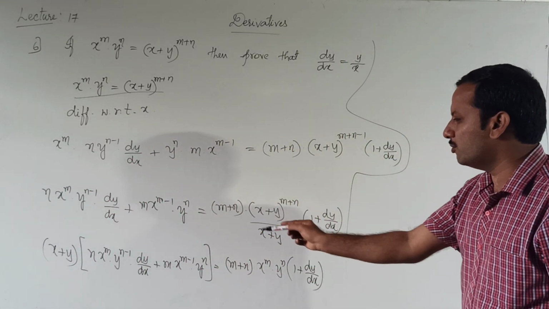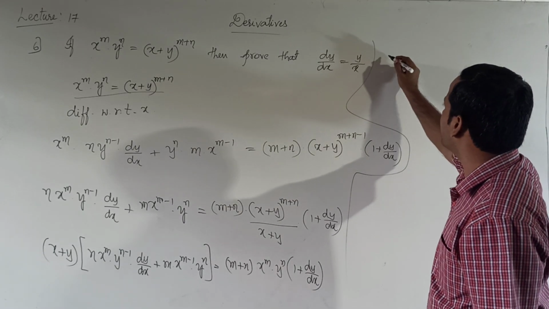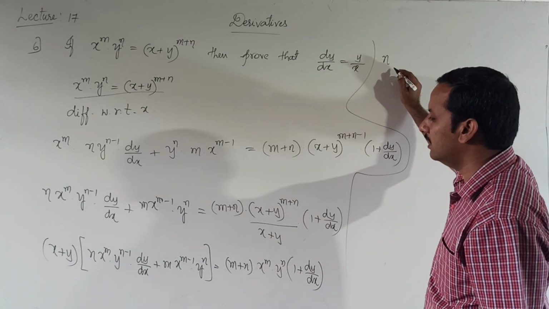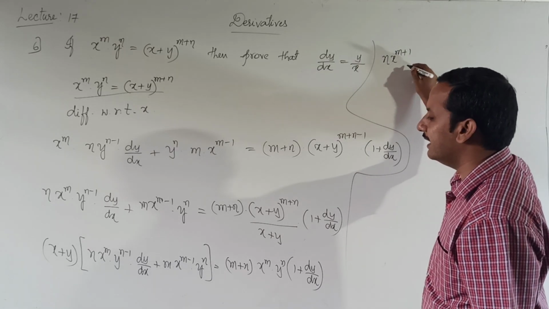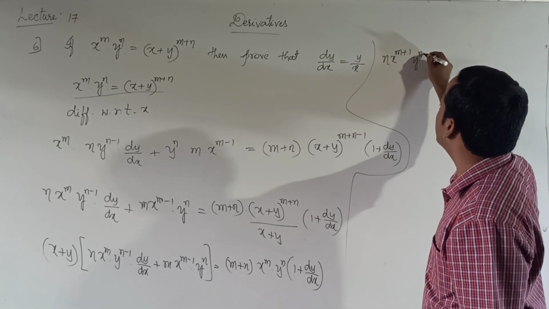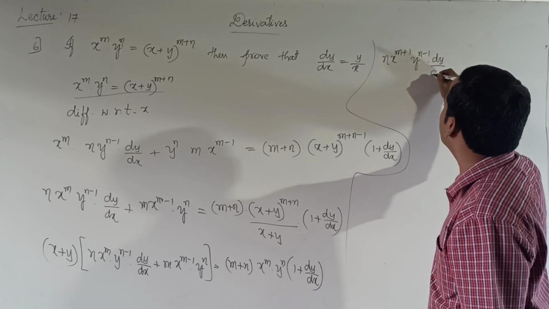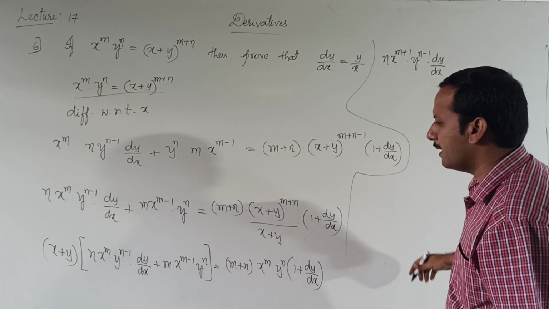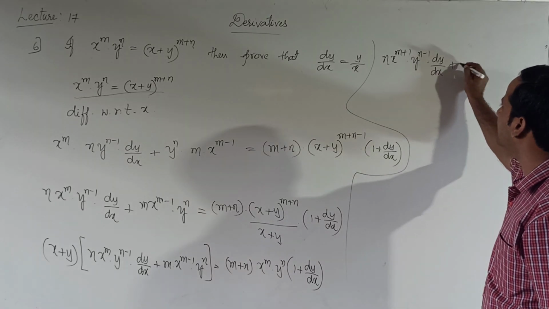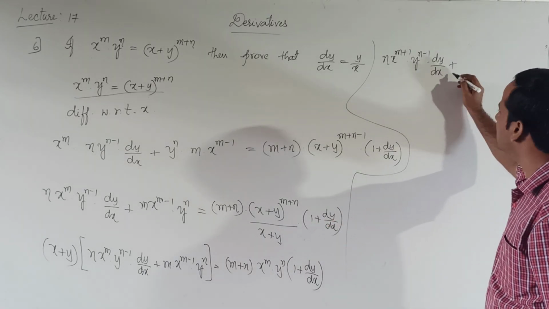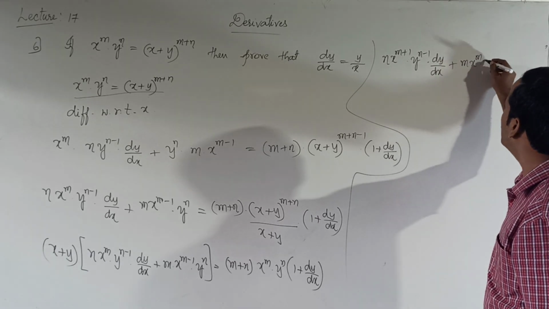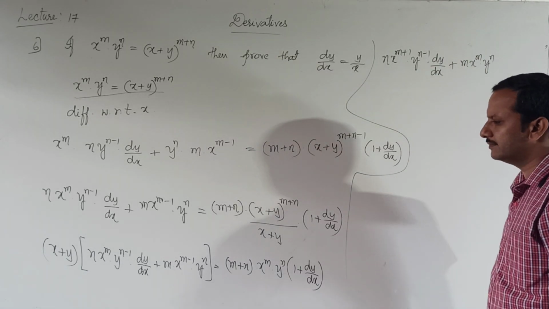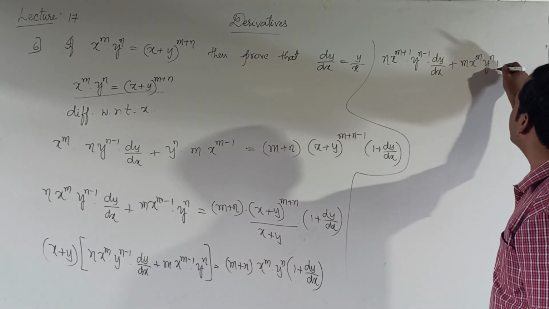Okay. So now multiply. When I multiply, I am going to get n into x power m plus 1 into y power n minus 1 into dy by dx. That is the first term. Plus second term, first I am multiplying by x. So m into x power m into y power n plus, now I am multiplying by y.